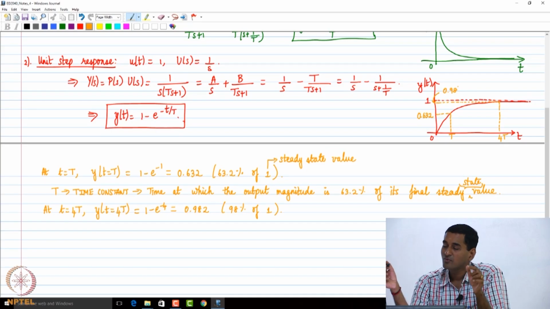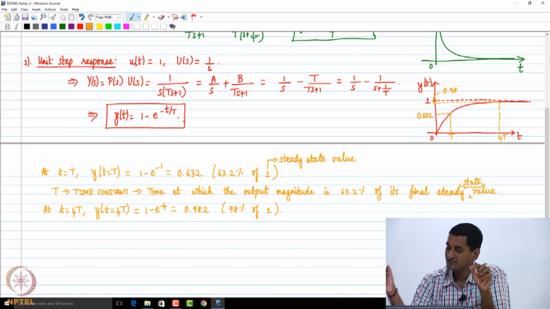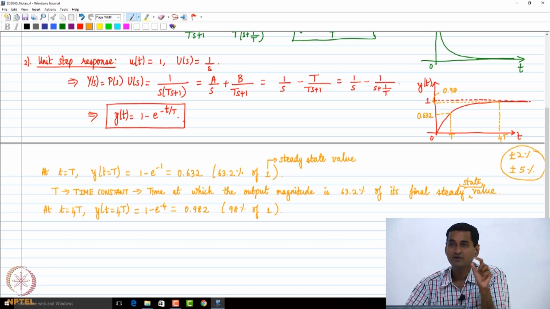So what we do is draw a band around the final value, which can typically be taken as plus or minus 2% by convention, or one could say plus or minus 5%. You will see that people use different bands around the final value to quantify the speed of response.